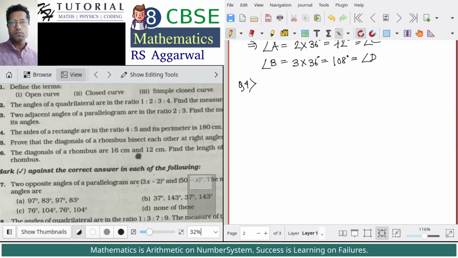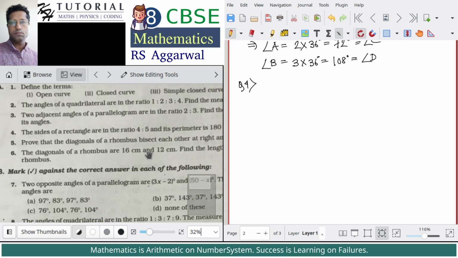I will not do this problem because I have already solved this kind of problem in the previous video, while solving the MCQ problems, that is, in exercise 16A or 16B. So question 4 is skipped. This is a repeated question.